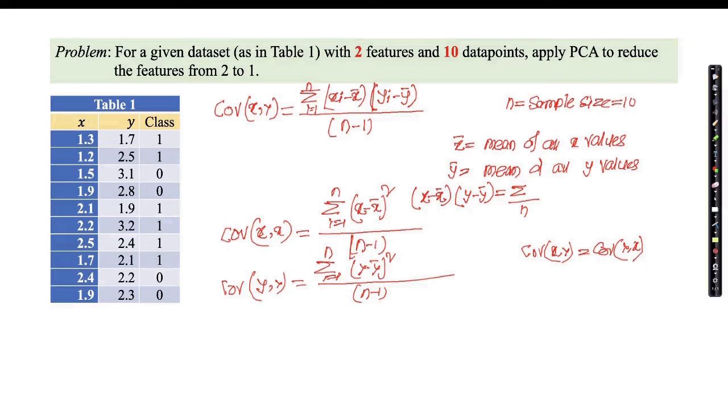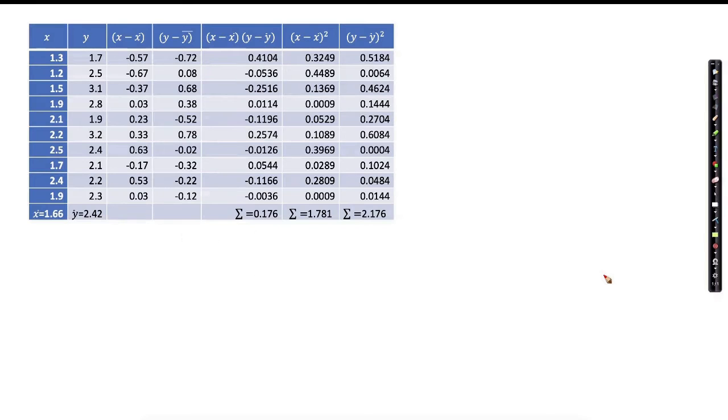Now we will see how we can compute these values of covariance between two variables x and y. To compute the covariance matrix, we have evaluated a few quantities from the given data set. For example, we have computed the mean of x and the mean of y.